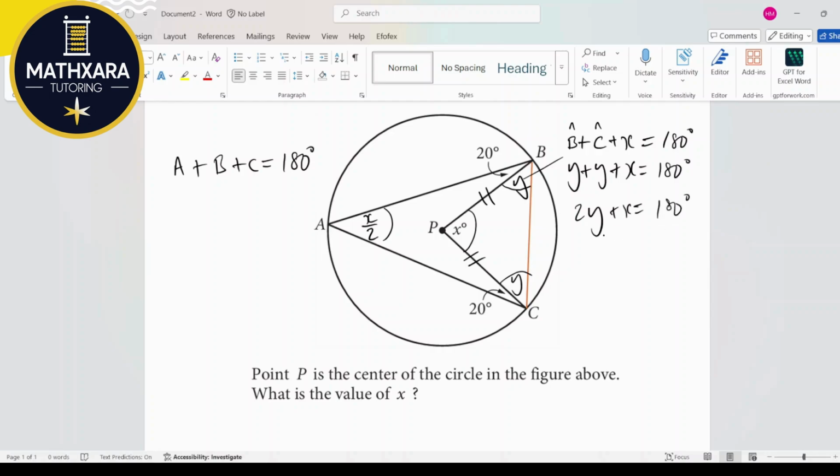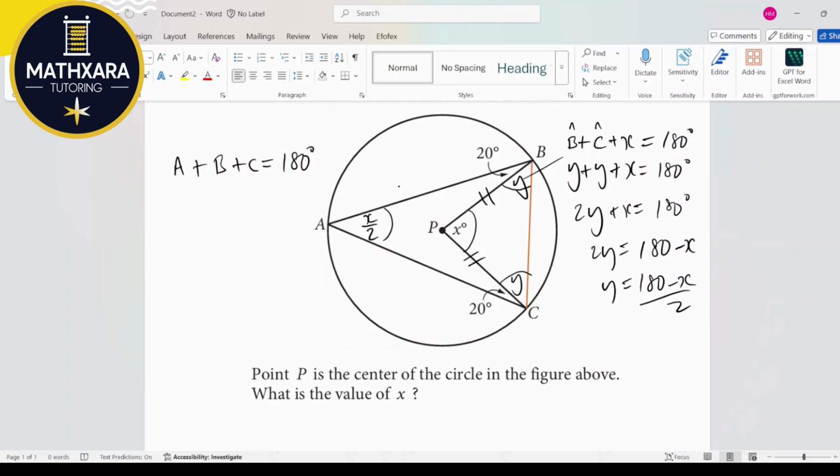And let's solve this for y. So 2y would be 180 minus x, and y would be (180 minus x) divided by 2. Now we know what y is.